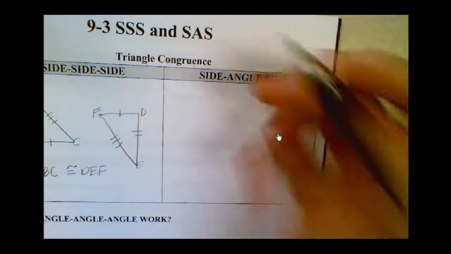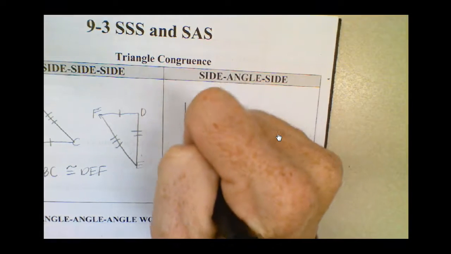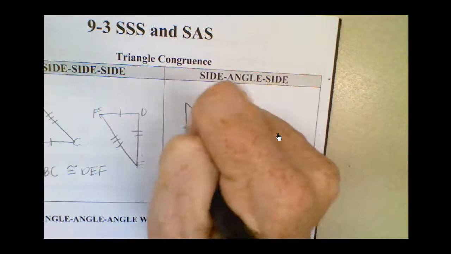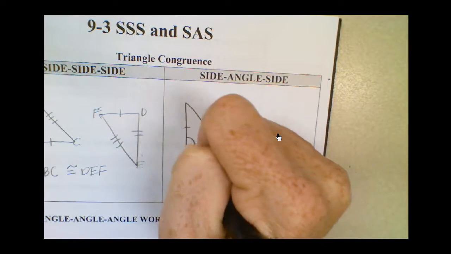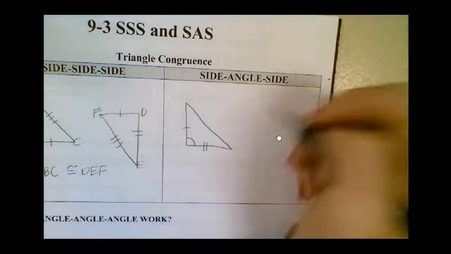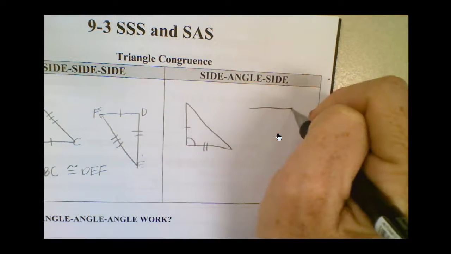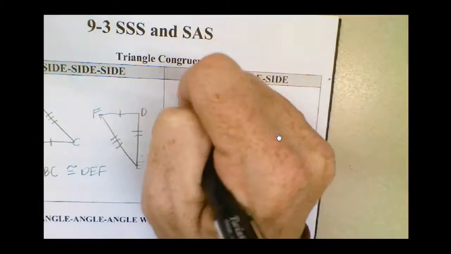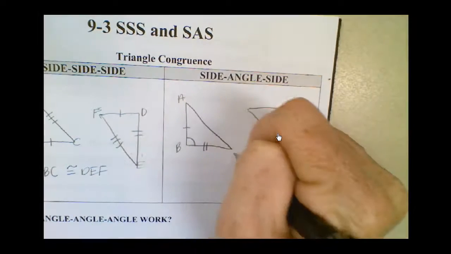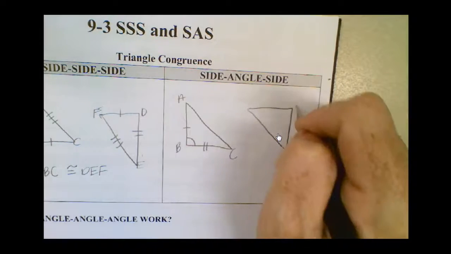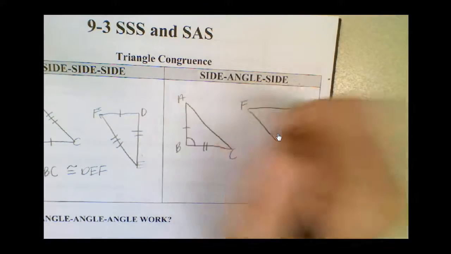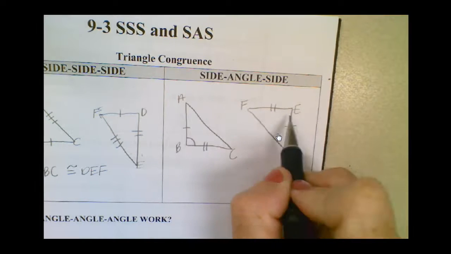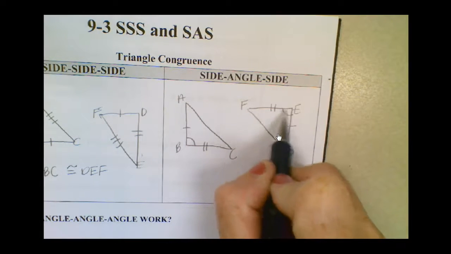What that means is that you've got two sides that you know are congruent and the angle in between them that you know is congruent. So again, we can label this ABC, DEF, and I know that these two sides are congruent and the angle in between is congruent.